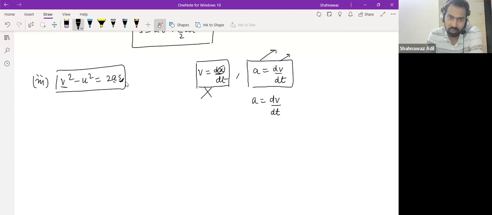But the idea is that we have to get the distance somehow. So how can we do that? Let's say that I want to change the dependent variable from t to some other variable, which should be distance. So let's say I multiply this with dx and dx, right?